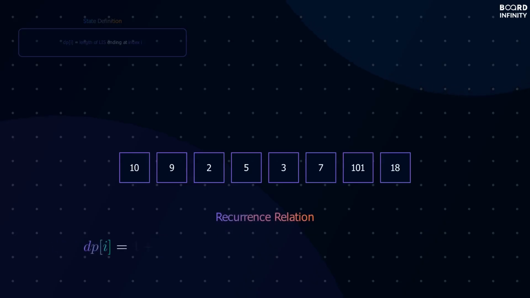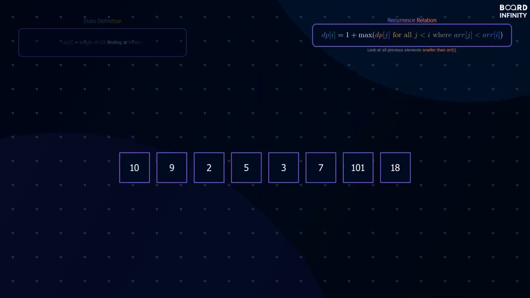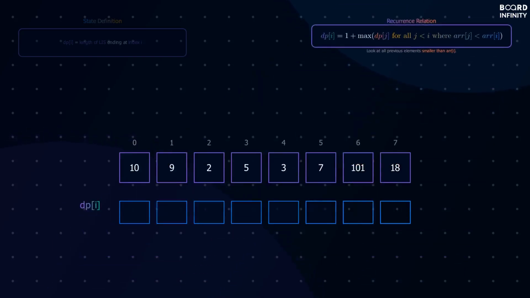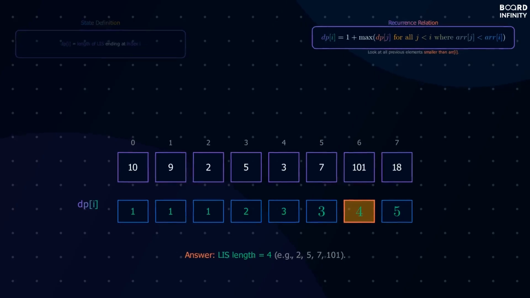For each i, look at all previous indices j where the value at arr[j] is less than the value at arr[i]. Then DP[i] equals 1 plus the maximum of DP[j] for all such j. The answer is the maximum value in the entire DP array.